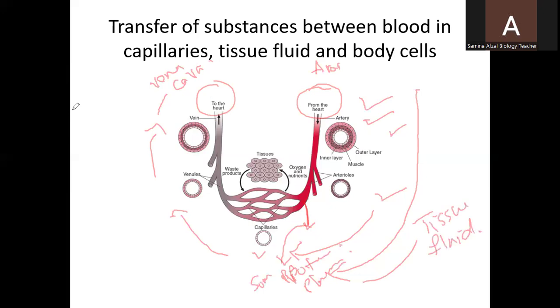When the blood flows back after the capillaries, towards the venules, the diameter starts increasing. Venules have a larger diameter in comparison to capillaries, and then veins are larger than venules, and the vena cava is the largest vein. So in this way, the pressure starts decreasing due to the larger diameter. Some of this tissue fluid is absorbed again, but most of it goes into the tissues.